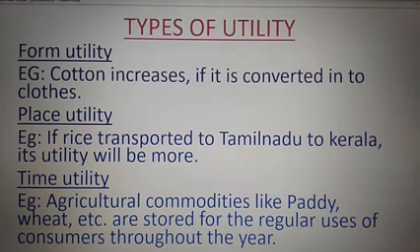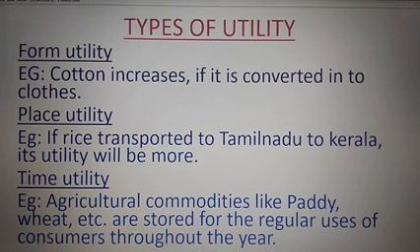Next one, place utility. If a commodity is transported from one place to another place, for example, if rice is transported from Tamil Nadu to Kerala, its utility will be more. The last one, time utility.